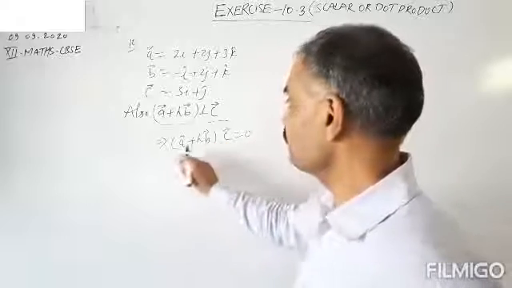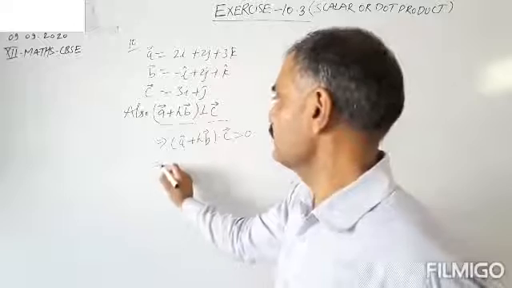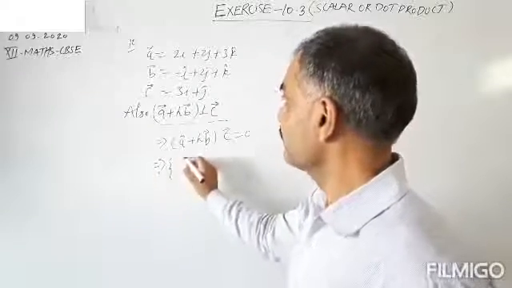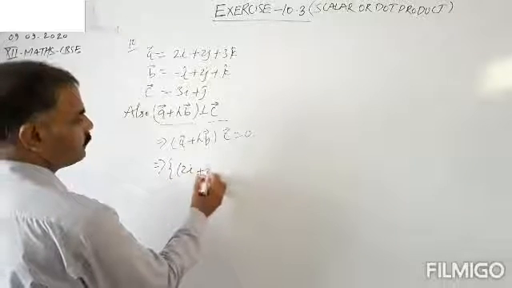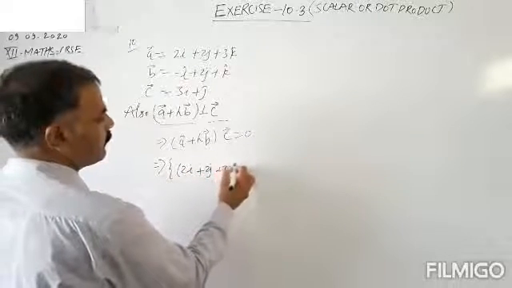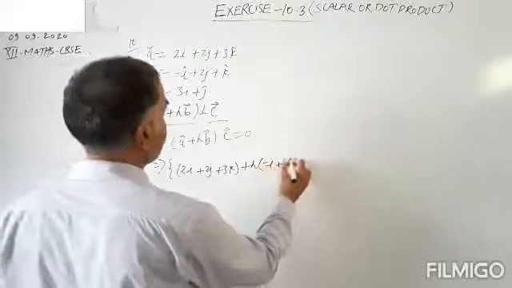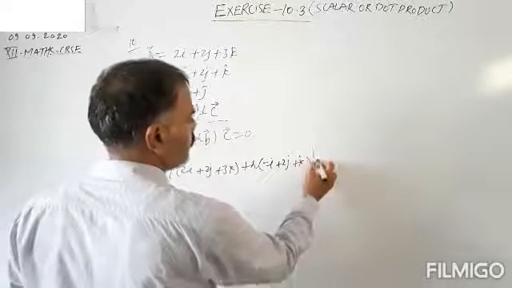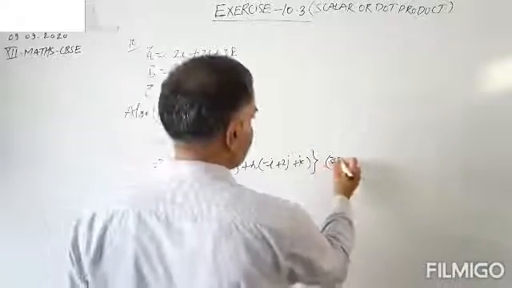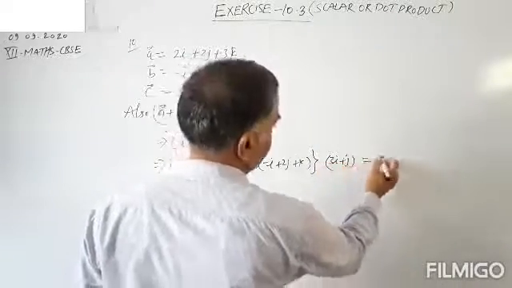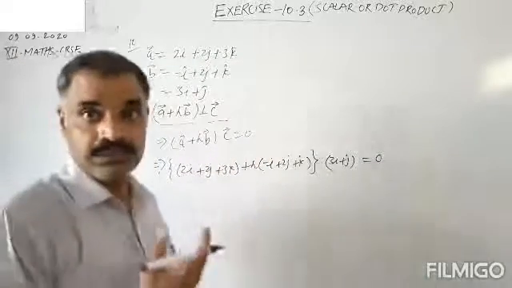Now we have to put the values of A vector, B vector and C vector from here. A vector is 2i cap plus 2j cap plus 3k cap, plus lambda into B vector, minus i cap plus 2j cap plus k cap, dot product with C vector, that is 3i cap plus j cap, and this is equal to 0.